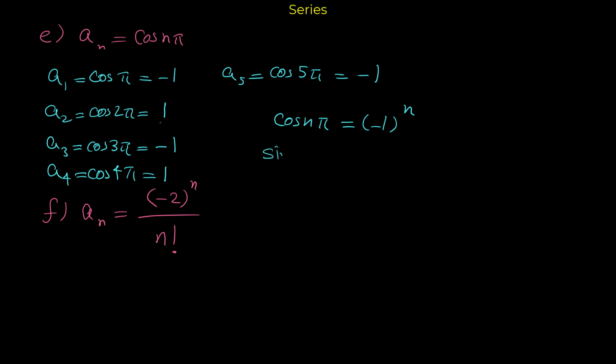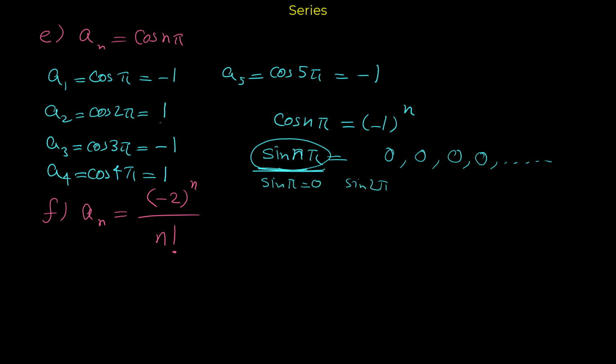Maybe you think, what about sine of n pi? Is it the same? No. If we list the terms of this sequence, they are always 0. The first term is 0, the second term is 0, the third term is 0, and so on. The reason is obvious: sine of pi is 0, sine of 2 pi is also 0, sine of 3 pi is 0.